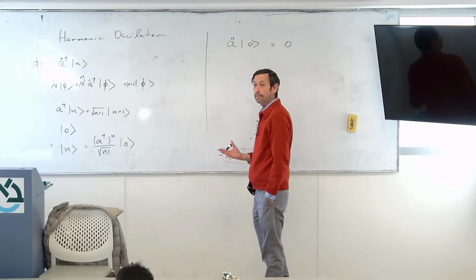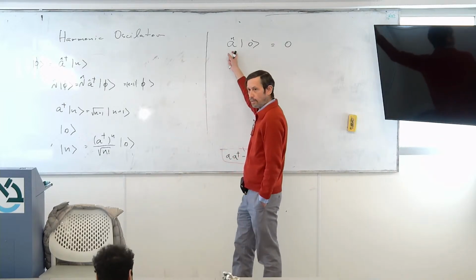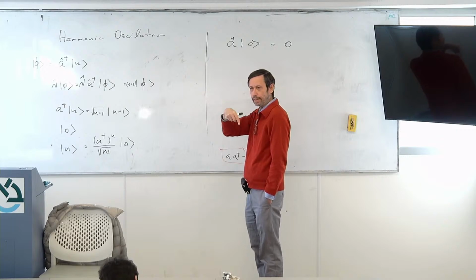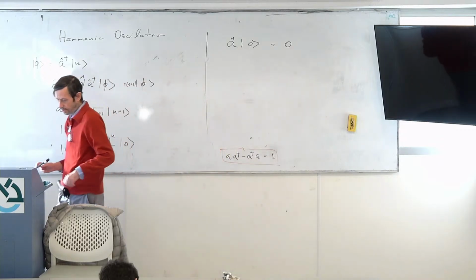So this is the differential equation that I have to solve. Why is it a differential equation? Because now I'm going back to use the definition of x plus some constant times p. I'm just writing it down explicitly.